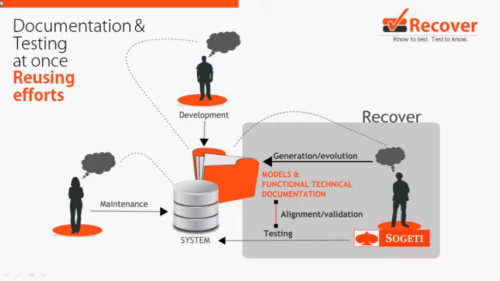And the tool allows us to continuously check the alignment between these test cases, which are scenarios that are happening on the system, and the knowledge defined in the model.